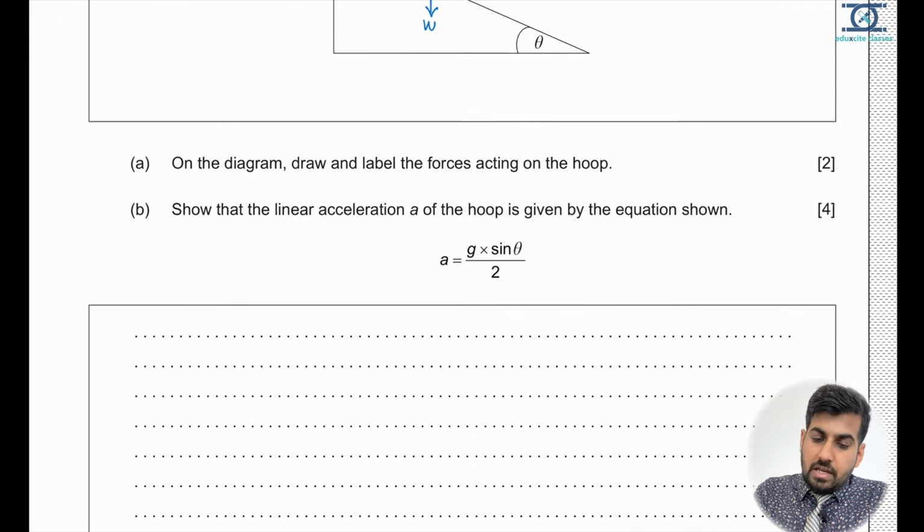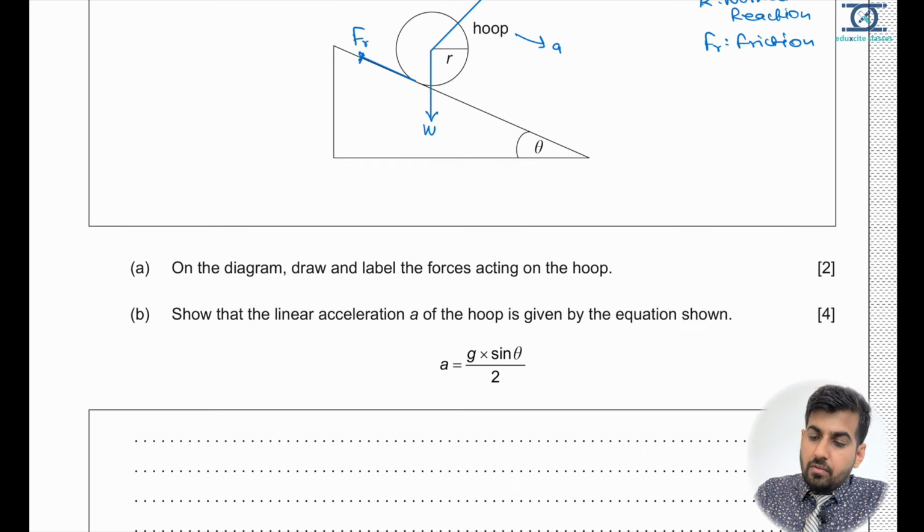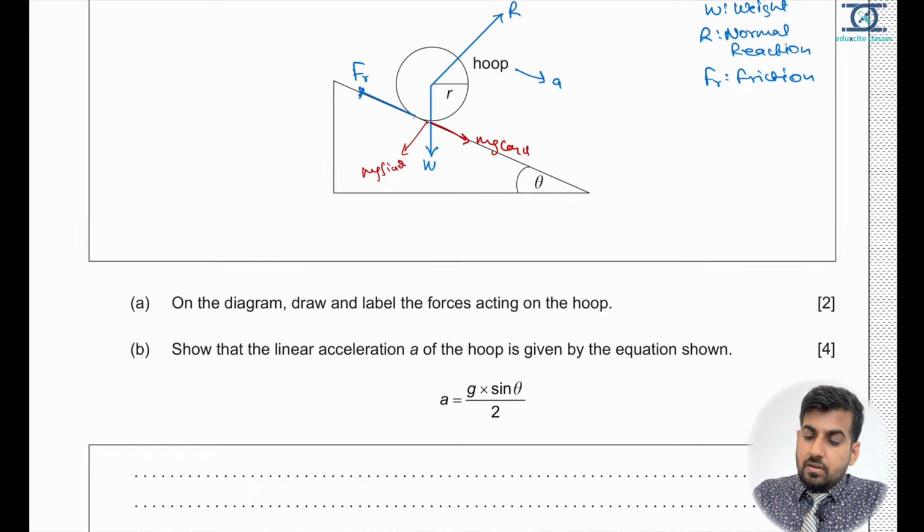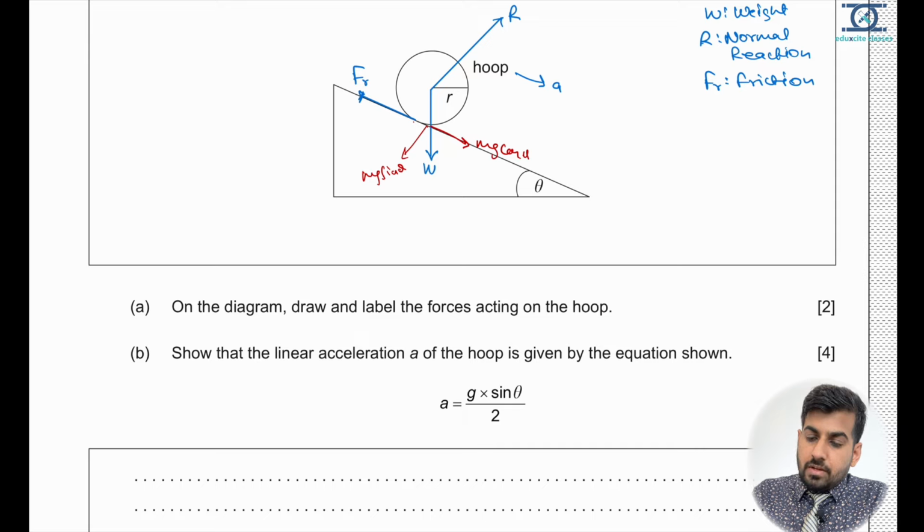Now if I want to make components, this is mg, so this will be mg sin theta and this will be mg cos theta, and this will be theta.